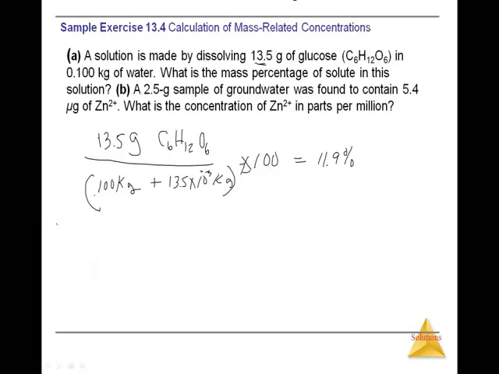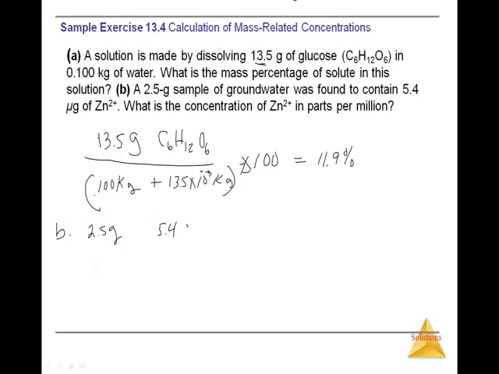Alright, for B, a 2.5 gram sample of groundwater was found to contain 5.4 micrograms of zinc ions. What is the concentration of zinc ions in parts per million? Okay, so I have 5.4. Let's put these both in grams.